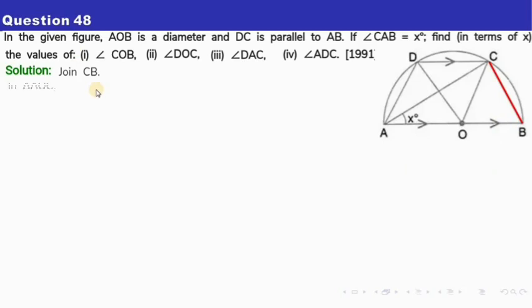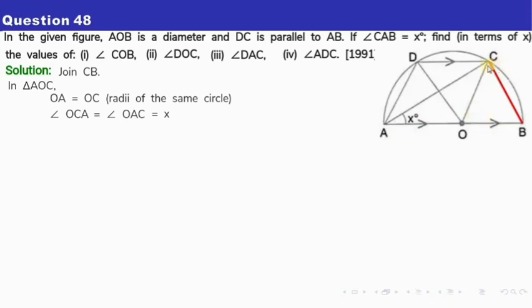Now in triangle AOC, we have AO and OC, both are radii, so that's why they will be equal. So if they are equal, then definitely this angle and this angle have to be equal. So that's what is written out here, and both of them will be equal to x. Since this is x, this is also x. All right, now in this triangle, if I extend this AO, then this becomes my exterior angle, isn't it?